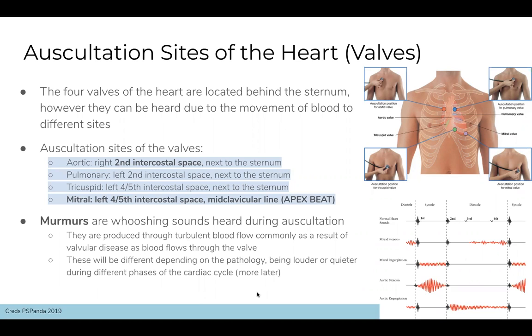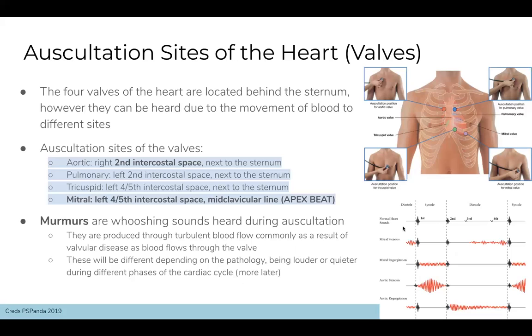So these will be different depending on the pathology. It can be louder, it can be quieter, it can get loud and then get quiet, it can start quiet and get loud. It's due to where they are in the cardiac cycle and what valve they affect. I'm not going into too much detail here because I believe Fraser talks about it when she talks about pathology and cardiac cycles, and you talked about it last week.